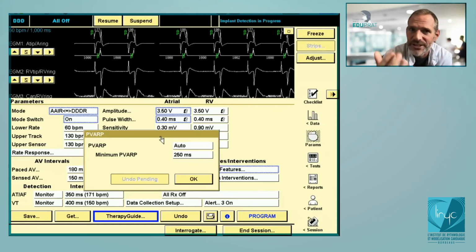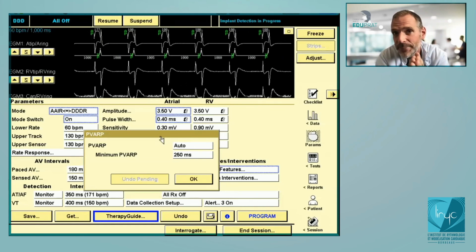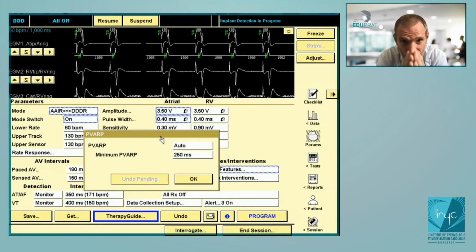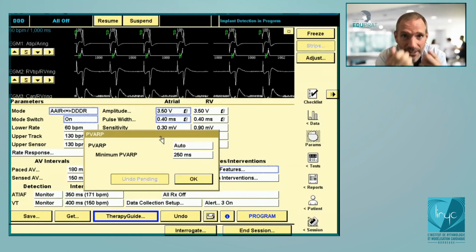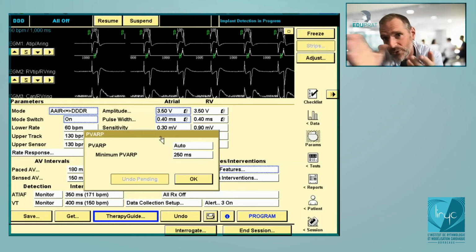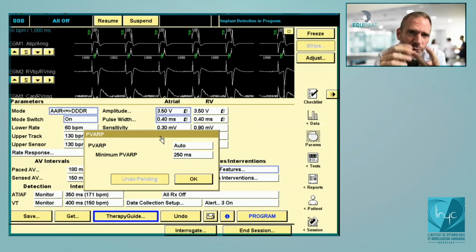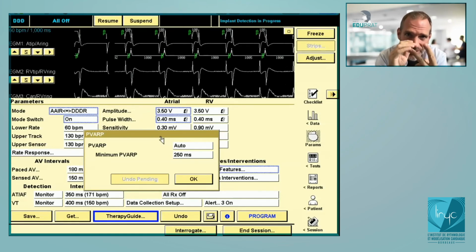To have a 2-to-1 block, you need to be very fast at the level of the atrium, and you need to have AV block also. These two configurations are not frequent, at least in patients with sinus node dysfunction.